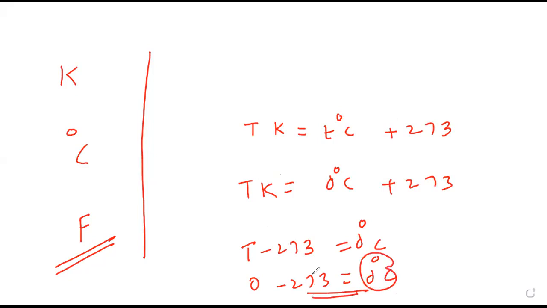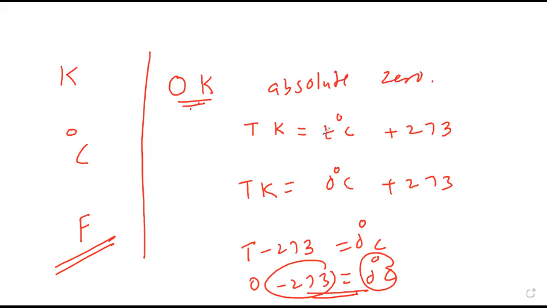So 0 degrees Celsius is nothing but 273 Kelvin. At 0 Kelvin, this value is called absolute zero.